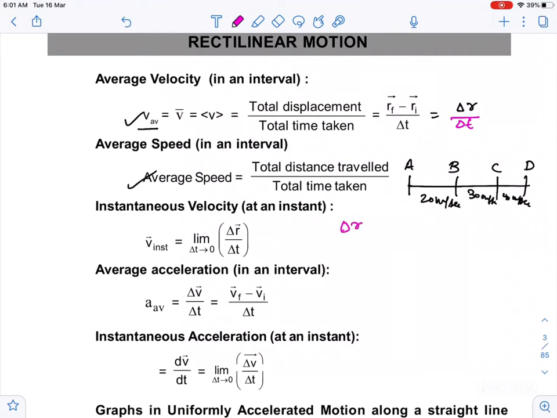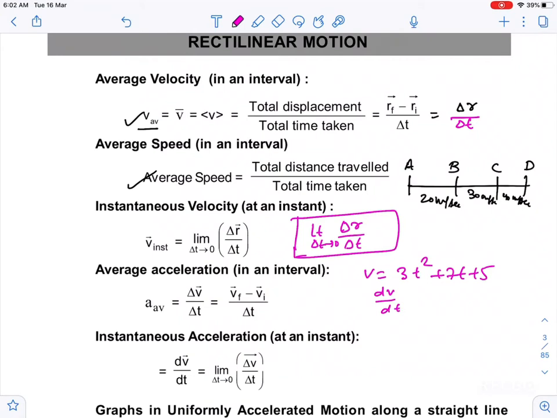When I take the limit delta t tends to 0, means time is not a very large value, the value of time tends to 0. When the limit tends to 0, this will become instantaneous velocity. Suppose the expression of position vector r is given like 3t square plus 7t plus 5, so you have to calculate instantaneous velocity by differentiating dr by dt.